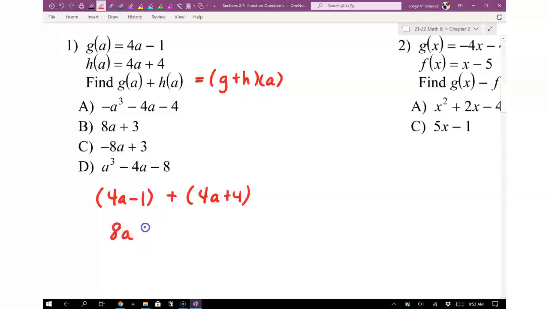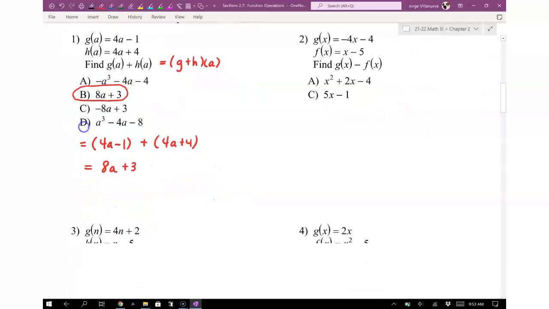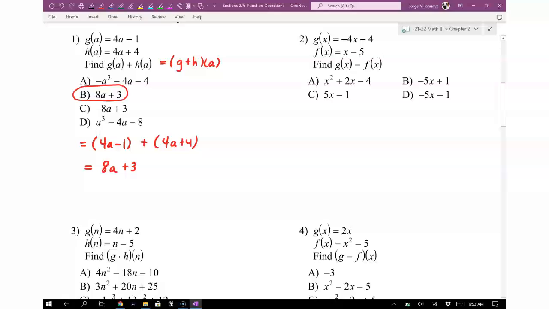And negative 1 plus 4, that's 3. So my answer is B. Notice it did not take long to get that solution. I just need to know what to do. They want me to add, subtract, multiply, divide. What exactly are they asking me to do? So for question 1, your answer is going to be B.